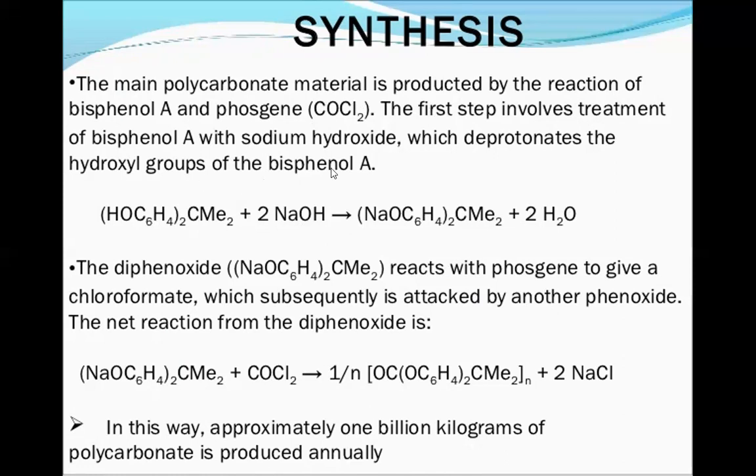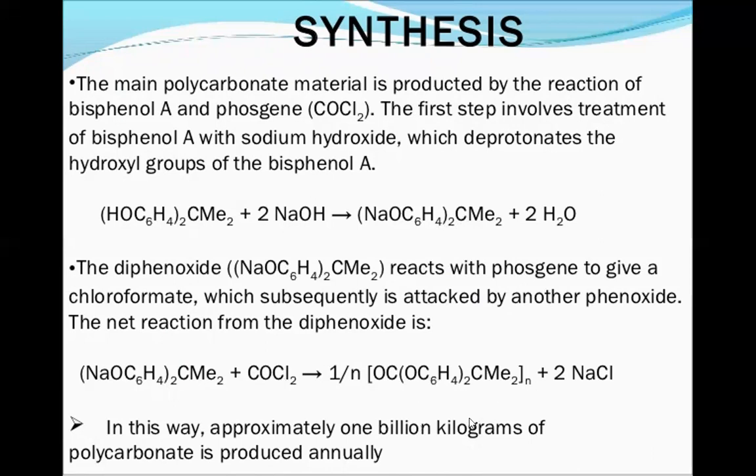The hydroxyl group of the bisphenol will be deprotonated and forms this intermediate called diphenoxide. This is a diphenoxide structure which acts as an intermediate, and it is made to react with the phosgene to give chloroformate.